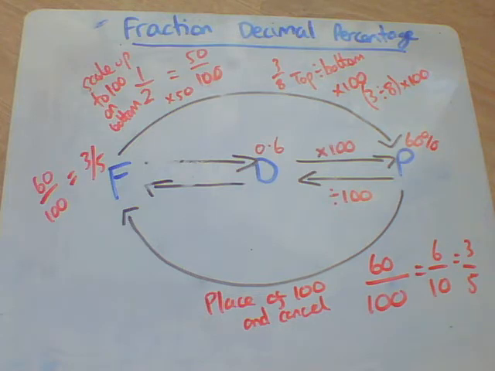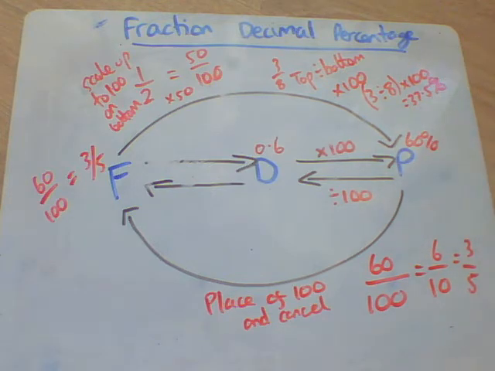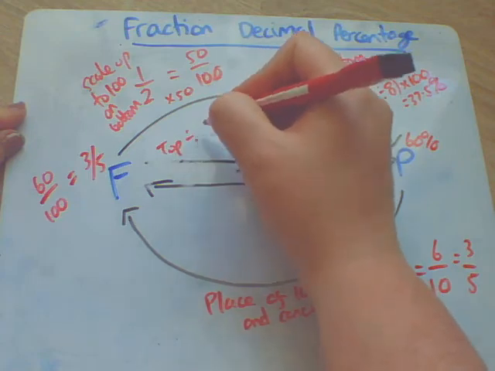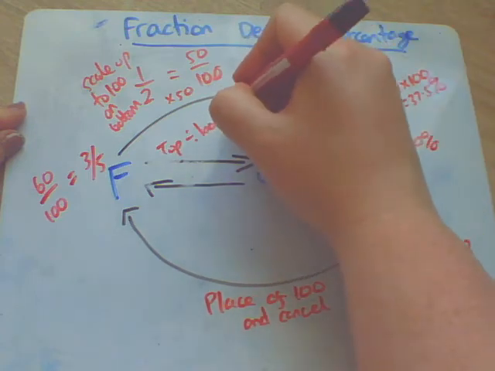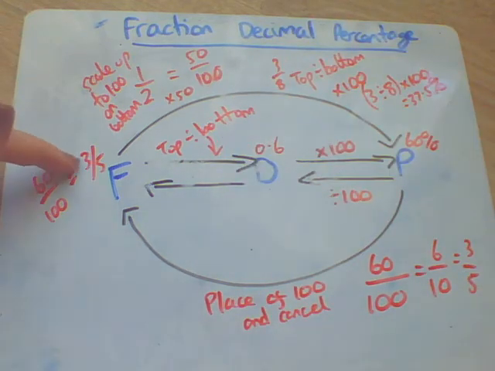So that is going to give me 37.5%. I could turn a fraction into a decimal by doing top divided by bottom. So that's that arrow there. So I would do 3 divided by 5 to give me 0.6.